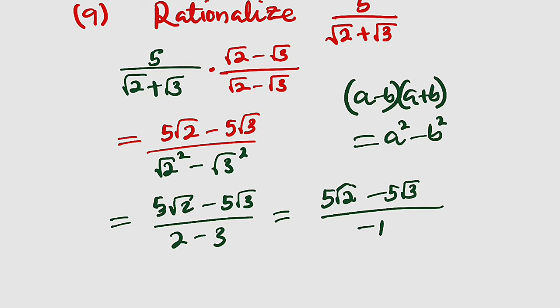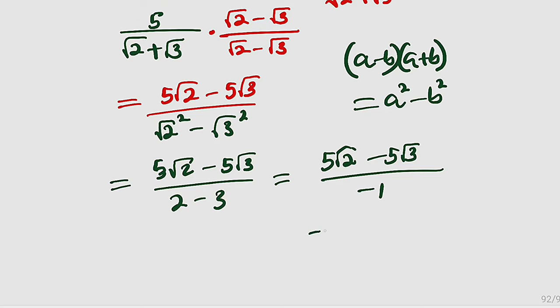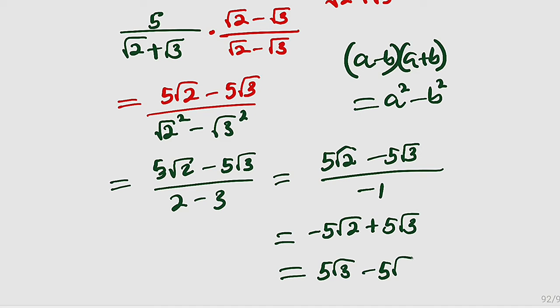And this negative 1 will affect these 2 terms. So it will be negative 5 root 2 minus and minus will be plus, right? We have plus 5 root 3. And we can switch them as what? 5 root 3 minus 5 root 2.